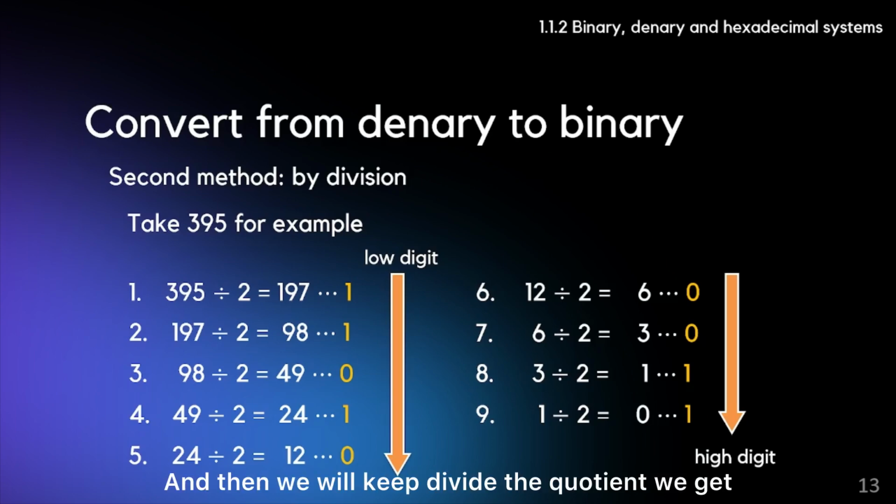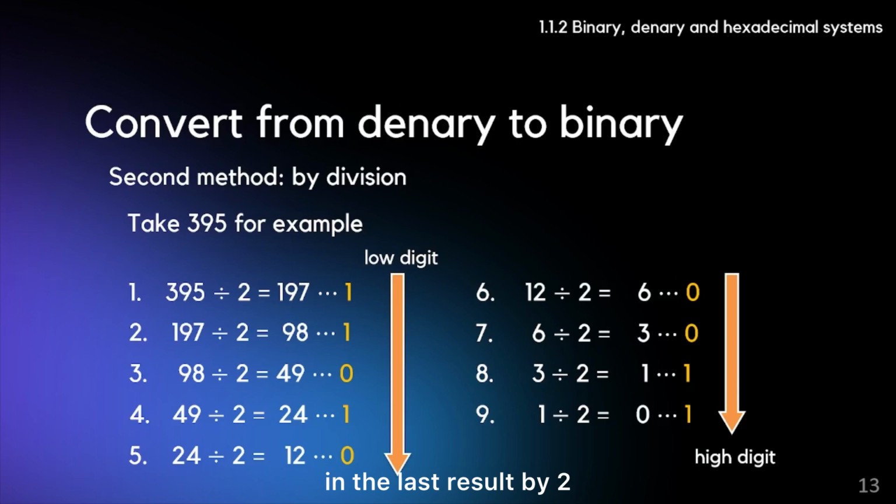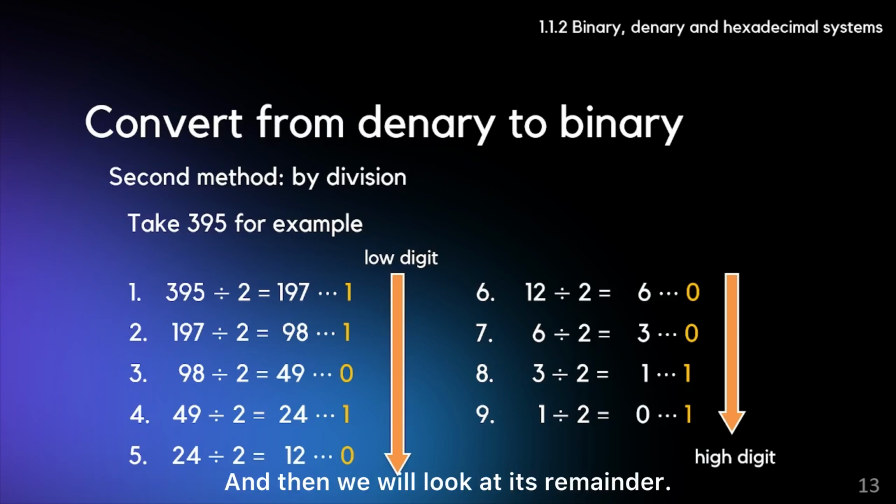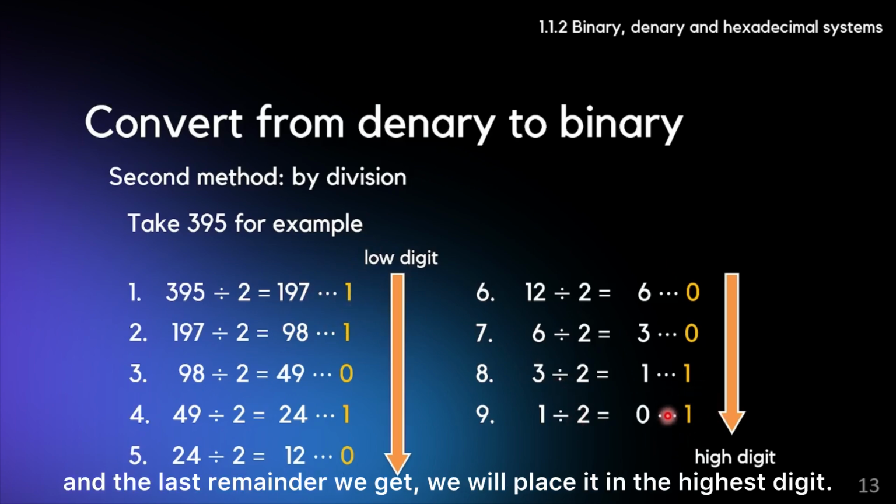And then we will keep dividing the quotient we got in the last result by 2, and we will get its remainder and quotient. And we will keep doing this until the quotient equals 0. And then we will look at the remainders. The first remainder we get, we will place in the lowest digit. And the last remainder we get, we will place in the highest digit.